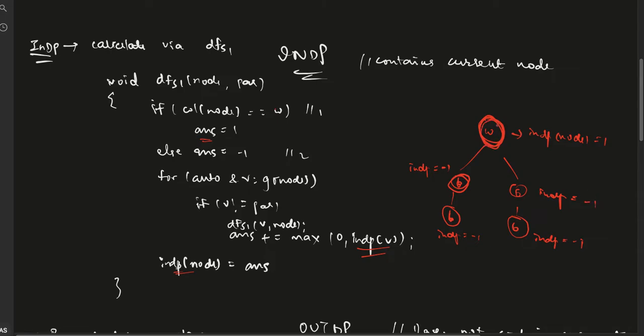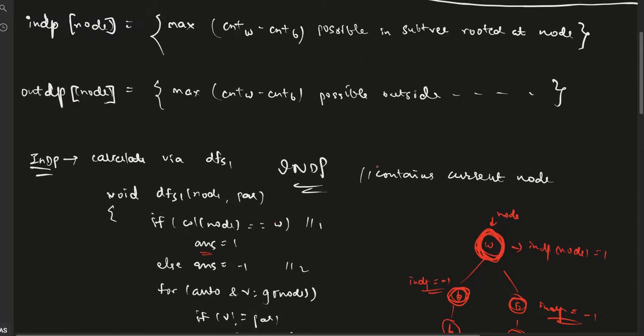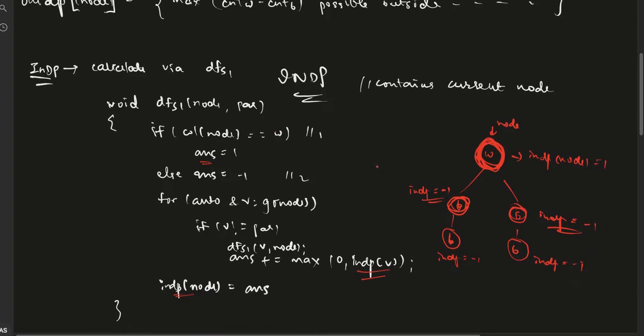Now, when we are having a look at the children of this particular node, we see that Ndp of this is -1, Ndp of this is -1. So there's no use in taking any of these two children because including this would only decrease the value that we are looking for, that is the maximum of count w minus count b.